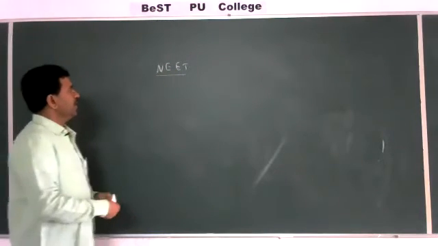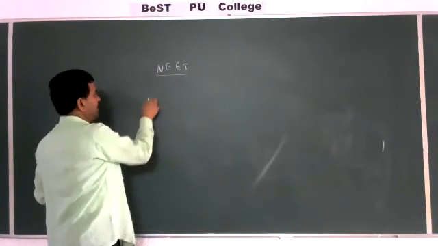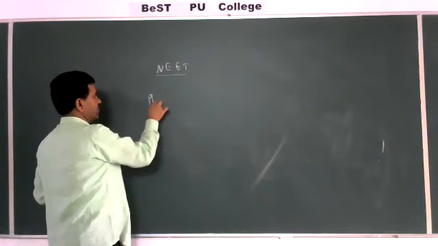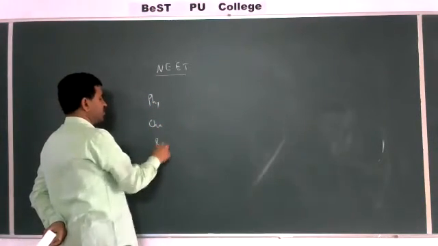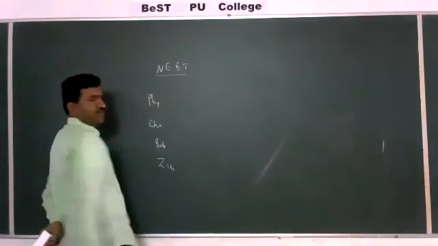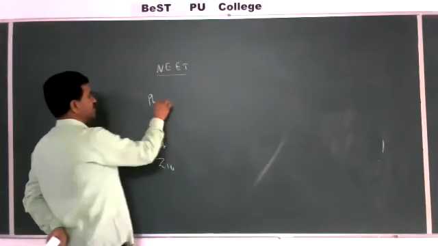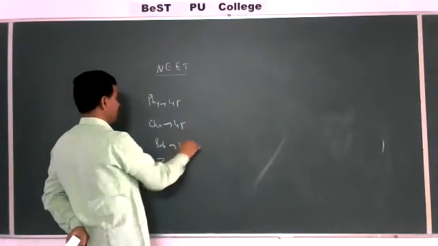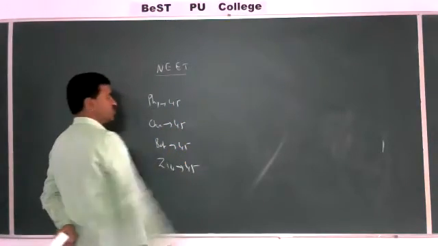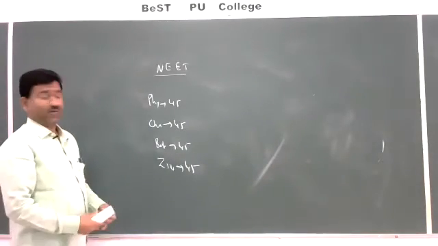Here, the NEET exam will have 3 subjects: physics, chemistry, and biology, meaning botany and zoology. 45 questions each. 45 physics, 45 chemistry, 45 botany, 45 zoology questions will be available for you.